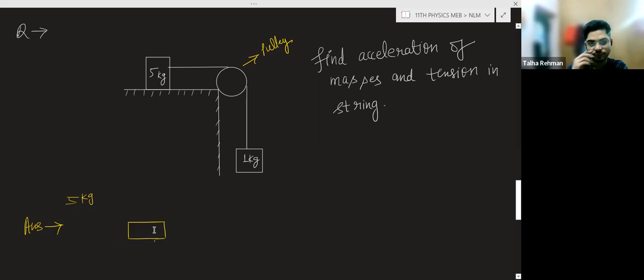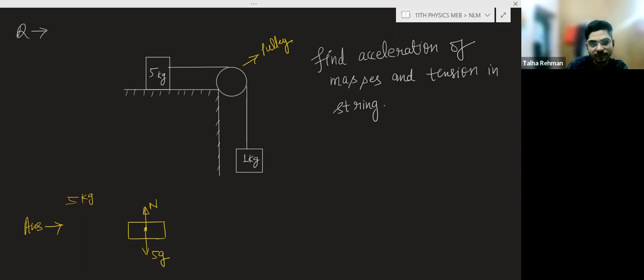Okay. So what are the forces on 5 kg mass? So first force will be the gravitational force on this 5 kg mass in downward direction. That will be mg. Mg means mass into g. And another force will be the normal reaction on this 5 kg due to this surface. So normal reaction will be in upward direction.